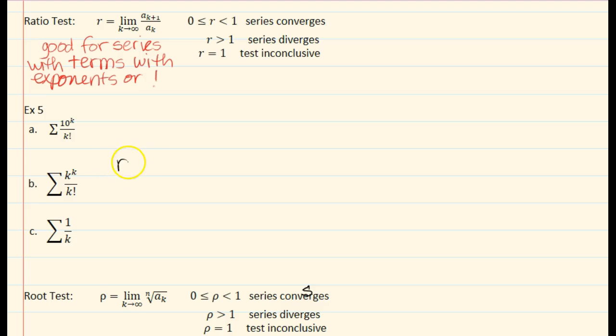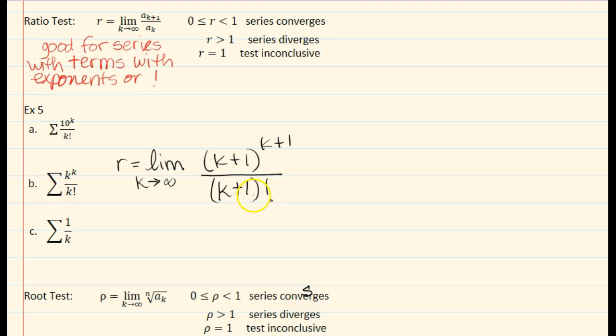So the ratio test says that we're going to find the limit as k goes to infinity of k plus 1 to the k plus 1 over k plus 1 factorial, and then we're going to multiply by the reciprocal of k factorial over k to the k. So we're going to simplify this. We're still going to find the limit as k goes to infinity.